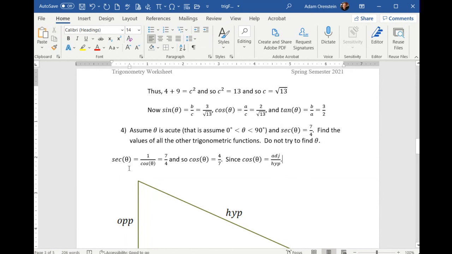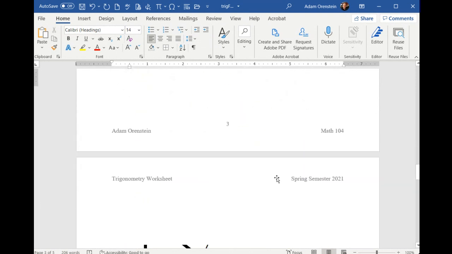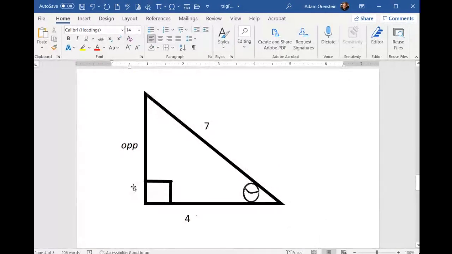And again, secant is 1/cosine, right? So 1/cosine is 7/4. Then if you were to invert both sides, you get cosine is 4/7. So we have this triangle here. We made a triangle where cosine of theta is 4/7.